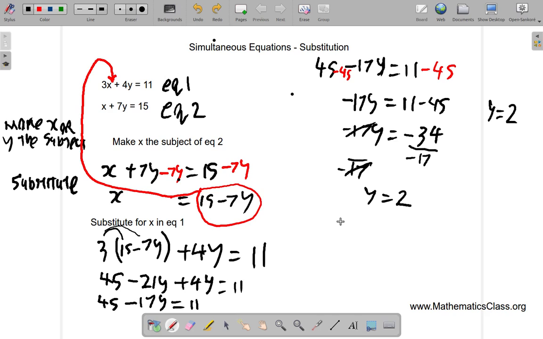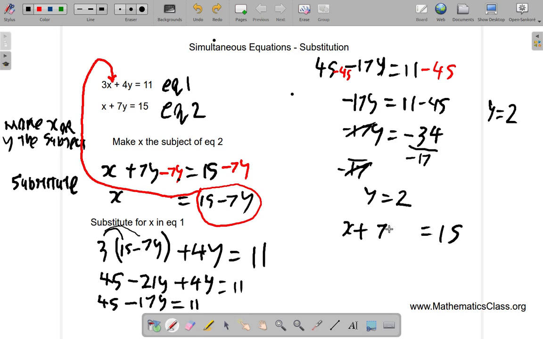It would be easier to deal with than dealing with a 3x. But whichever one you want. Here, I'm going to use equation 2. x plus 7y equals 15. But we said y is 2. So, let's remove the y and put 2.